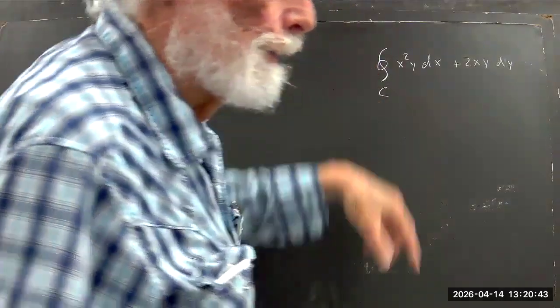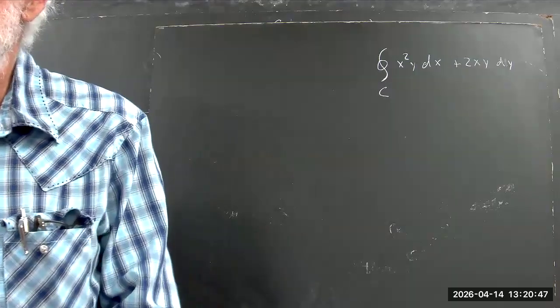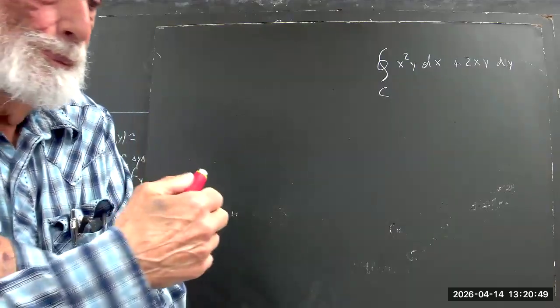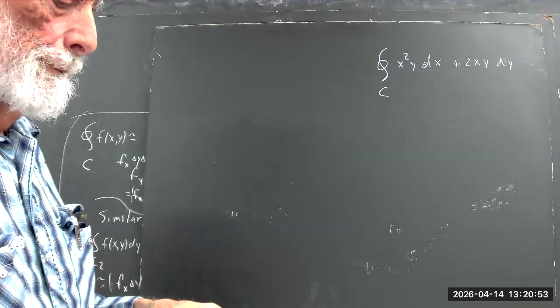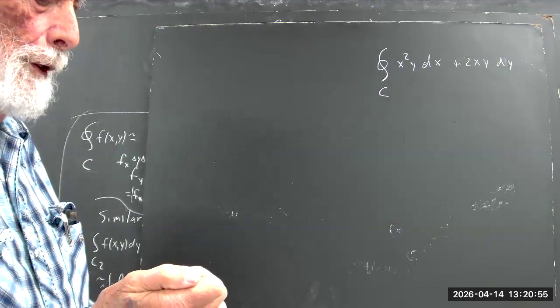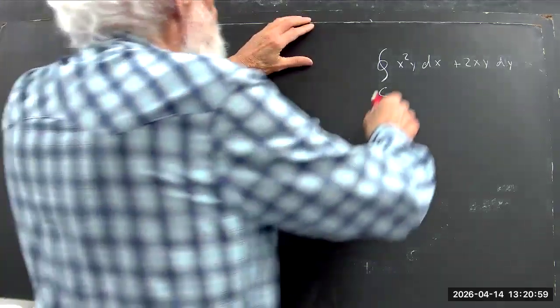I'm not going to go through the details of setting up the parameters and stuff because I do want to talk about the next section, divergence and curl, which is fairly straightforward.